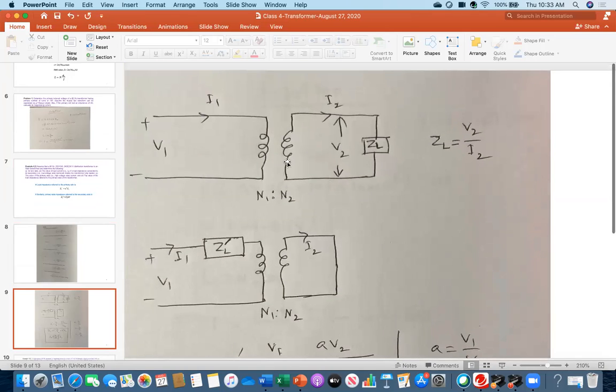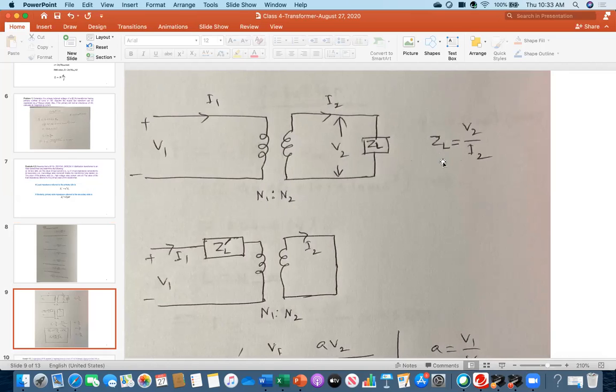Everybody see this one? This is the primary side. This is the secondary side. I have primary side voltage V1, secondary side voltage V2, and I have connected a load which is ZL. Primary current, secondary current, primary side number of turns, secondary side number of turns.